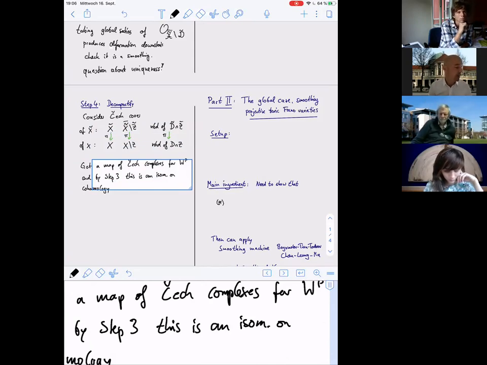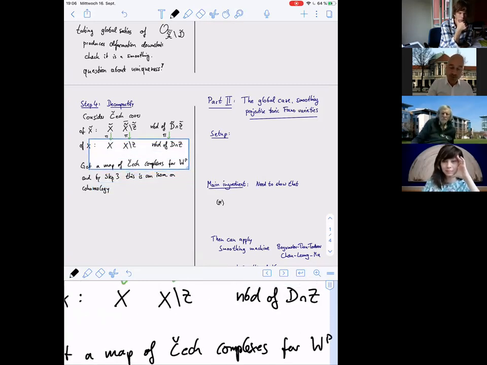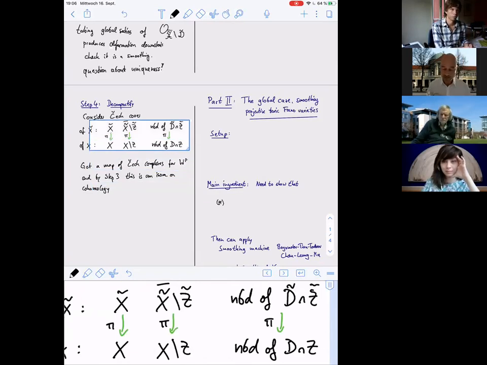And the funny thing is now we want to deduce from knowing that it's an isomorphism on cohomology that it is an isomorphism also on terms. Okay, it's a funny concept. At least I find it funny. But the thing works. So you deduce from the isomorphism on cohomology that you have an isomorphism on terms. And this goes as follows. If you look at what happens, the middle thing is right on the nose an isomorphism, because these are isomorphic varieties. And then something happens on the left and on the right. And of course, you've also intersections of these open sets, right?